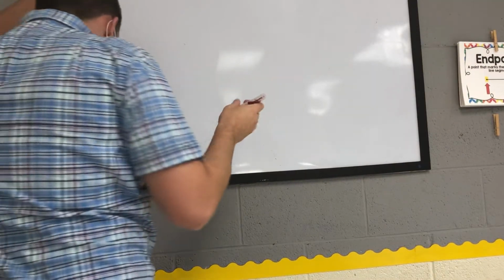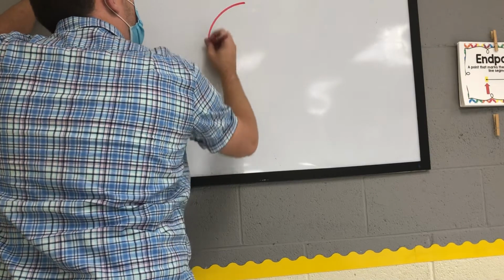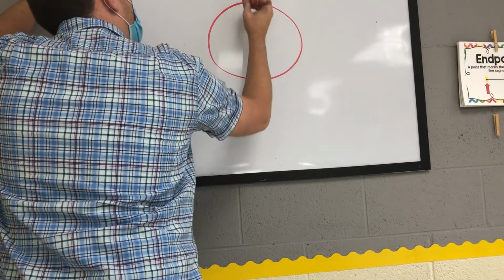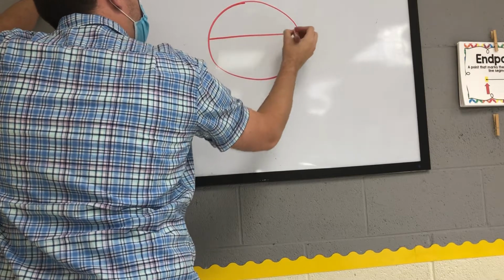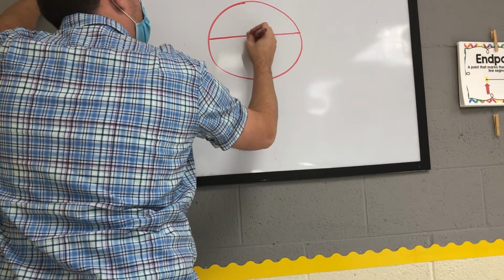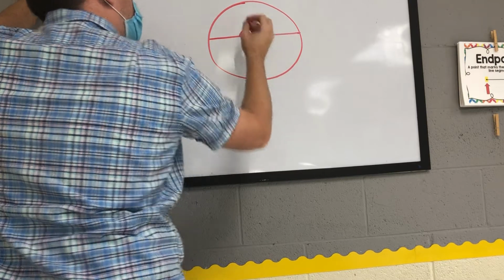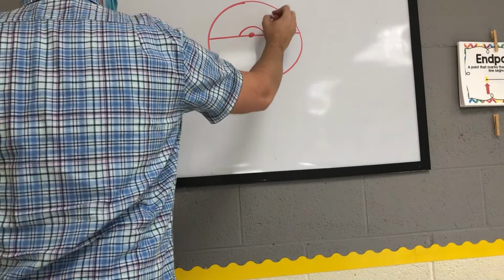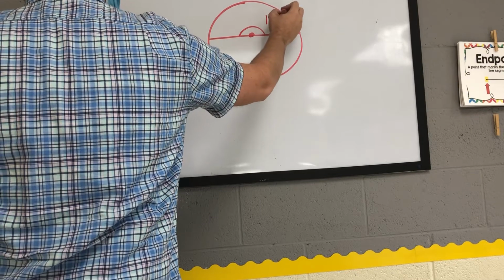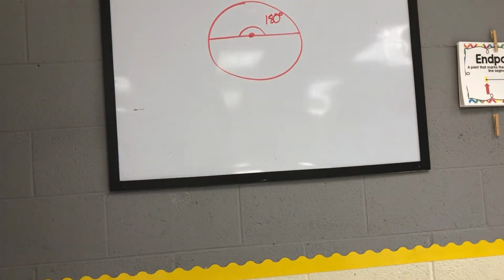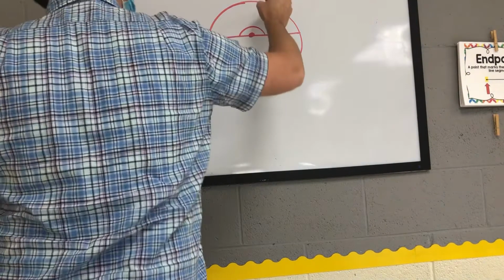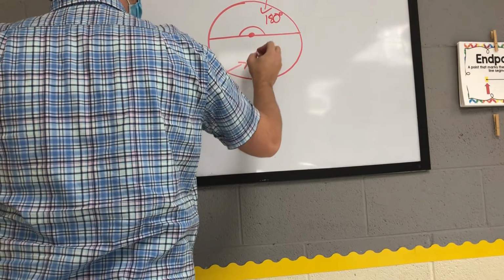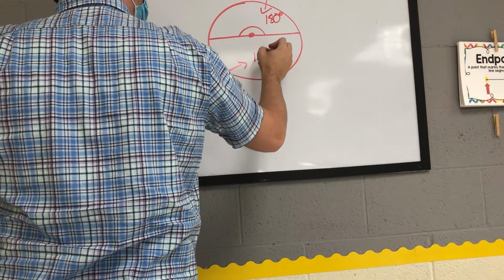Now, if I have a circle and I have a straight line angle, how many degrees is that? It's 180 degrees. Well, if this is 180, then this is 180 degrees as well.